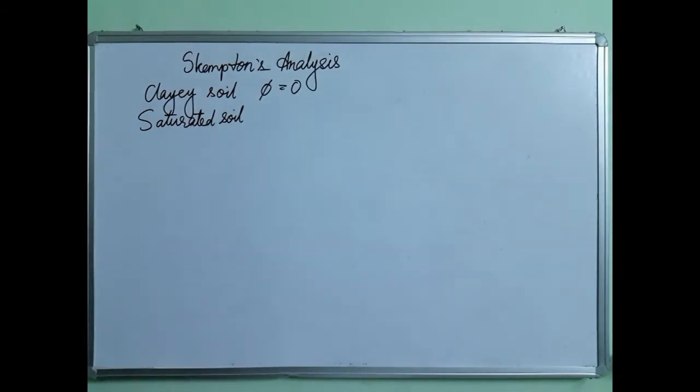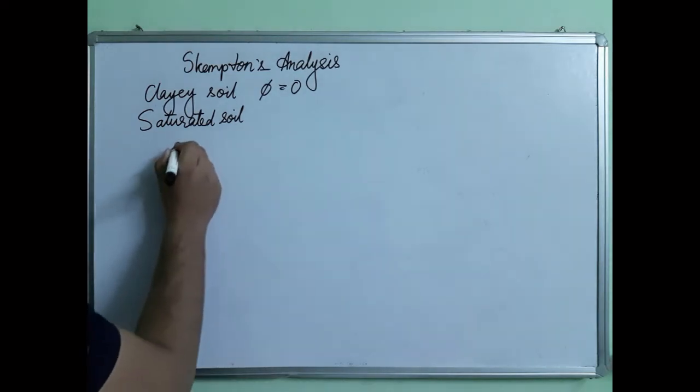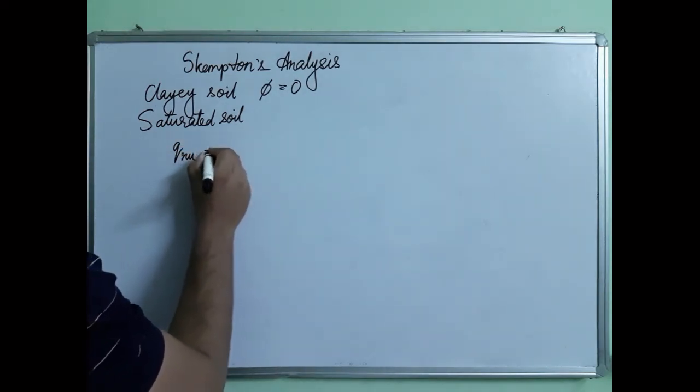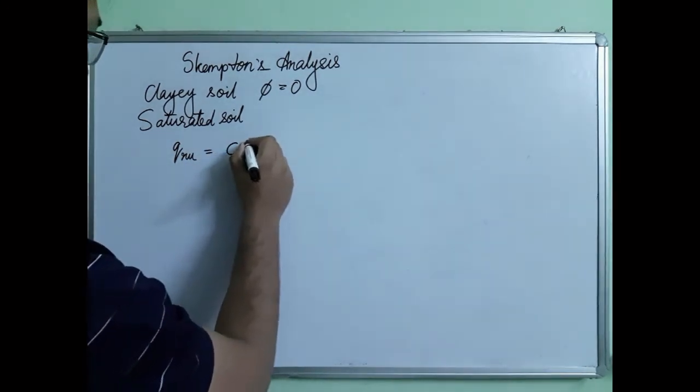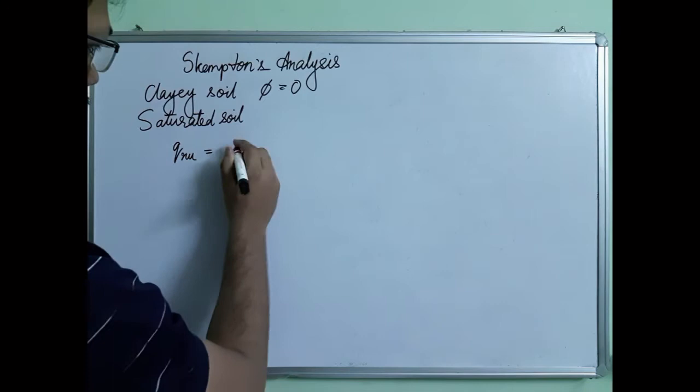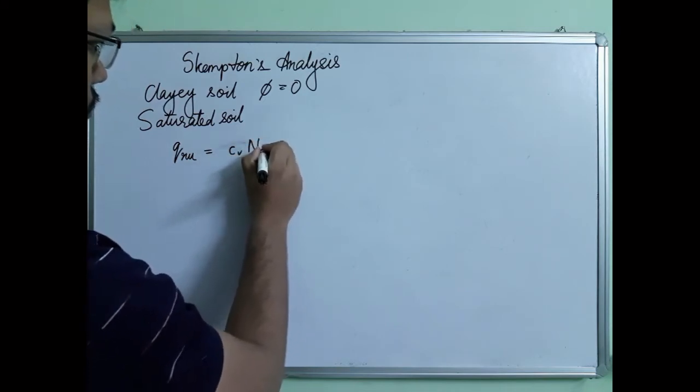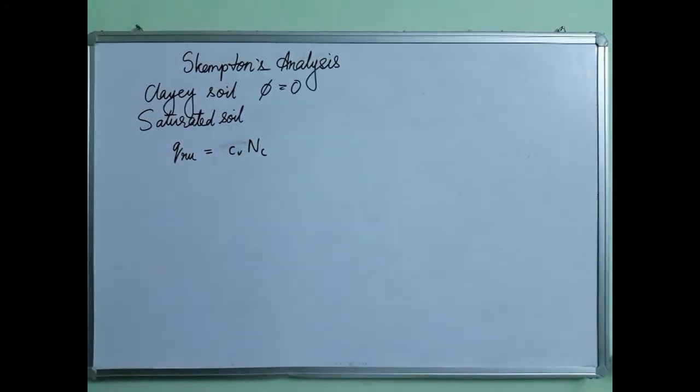So this is done for saturated clay soil. Now the formula for the net ultimate bearing capacity for clay soil will be equal to Cu and Nc, where Cu is the undrained cohesion.